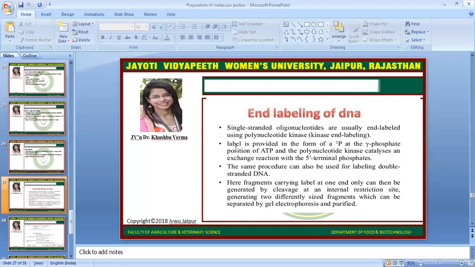The same procedure can also be used for labeling double-stranded DNA. Here, fragments carrying a label at one end only can then be generated by cleavage at an internal restriction site, generating two differently sized fragments which can be separated by gel electrophoresis and purified.